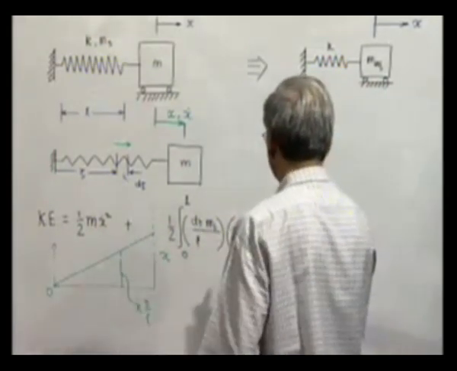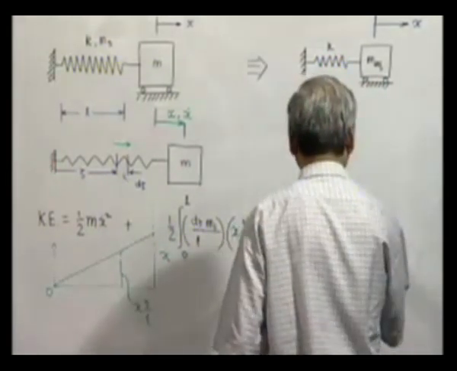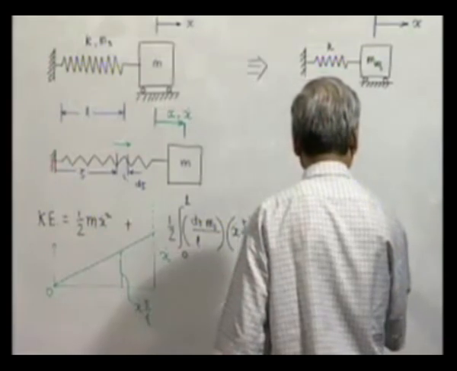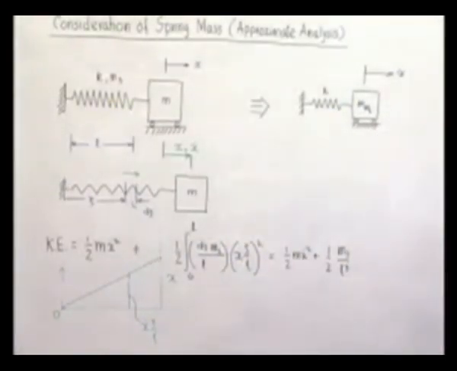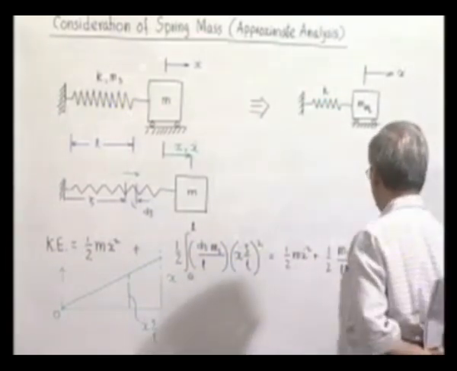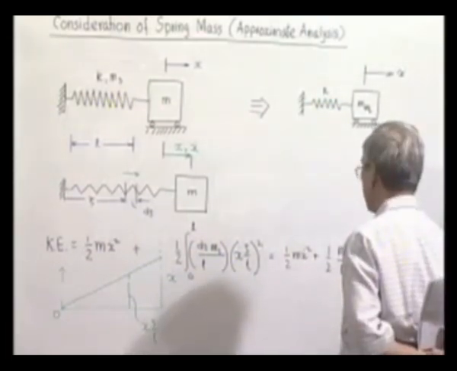this ms by L cube goes outside, and x dot square also goes outside.